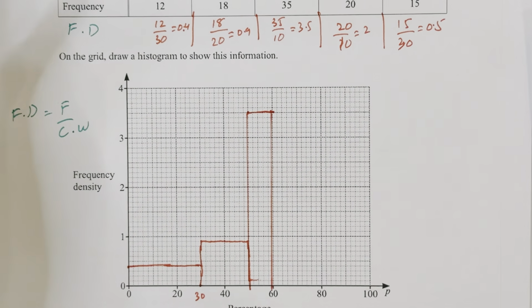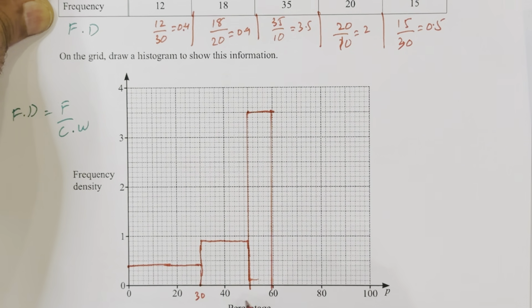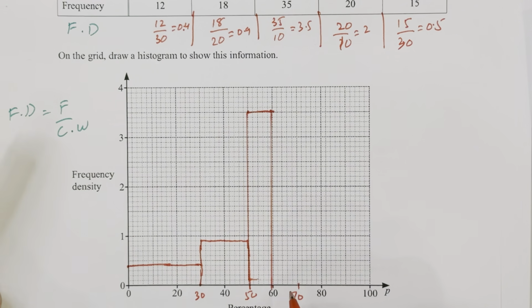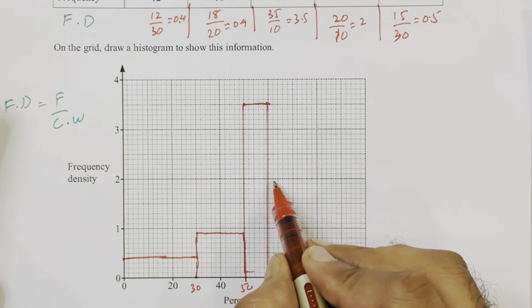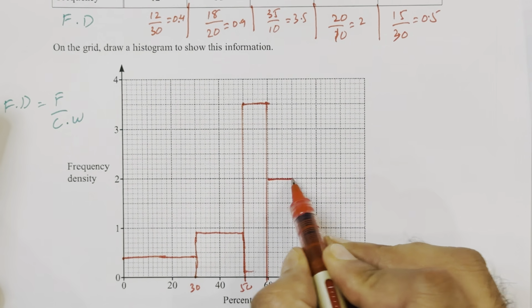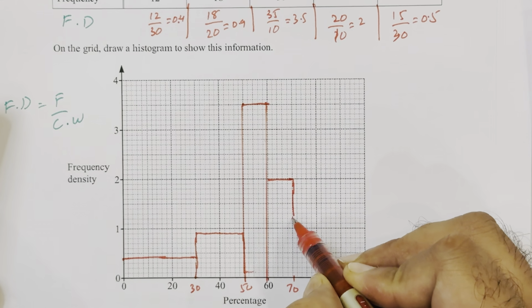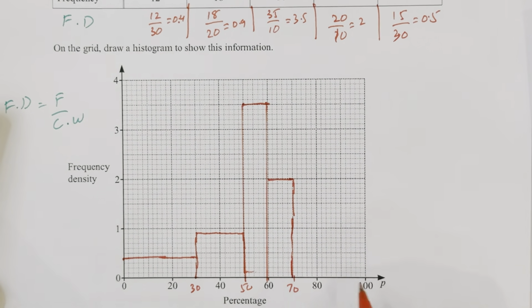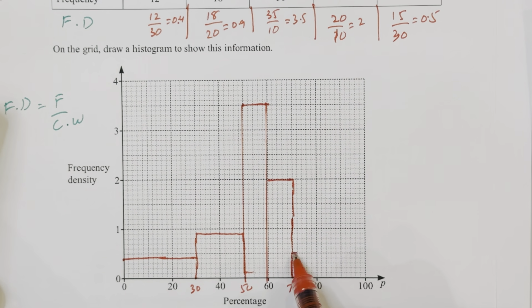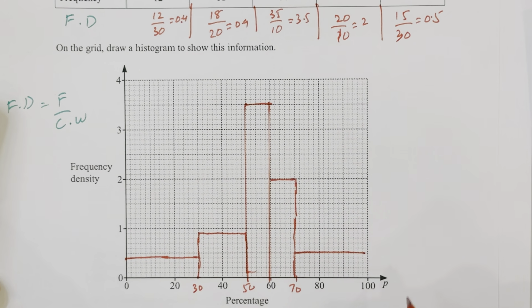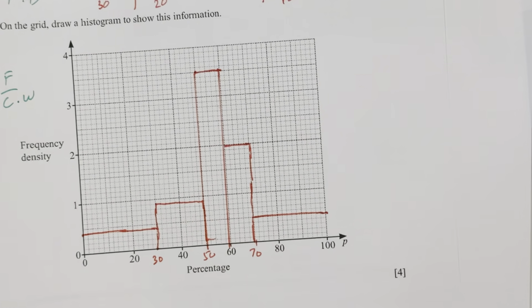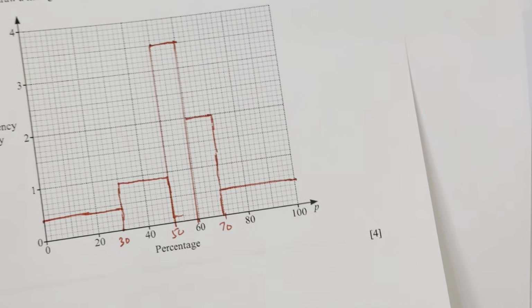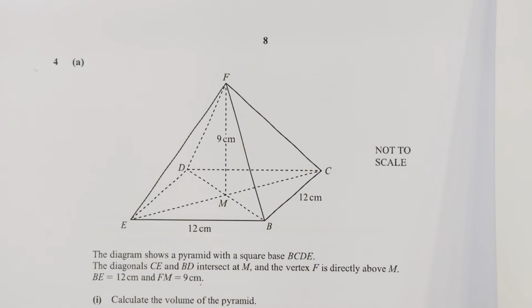And between 60 to 70 the value is 2, and from 70 to 100 the value is 0.5, and 0.5 is here. So this is how we draw the histogram. Okay, moving to question number 4.